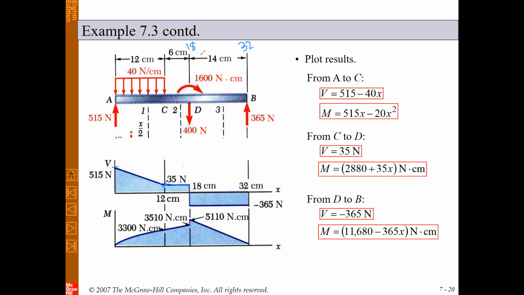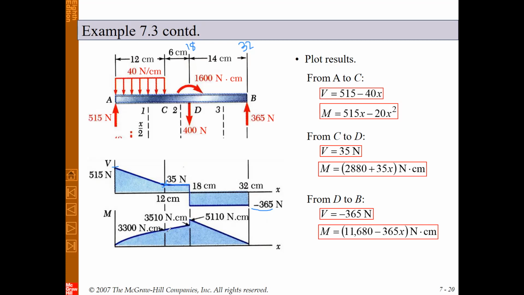So for x between 18 and 32, the shear force again is a constant value and it's equal to minus 365.